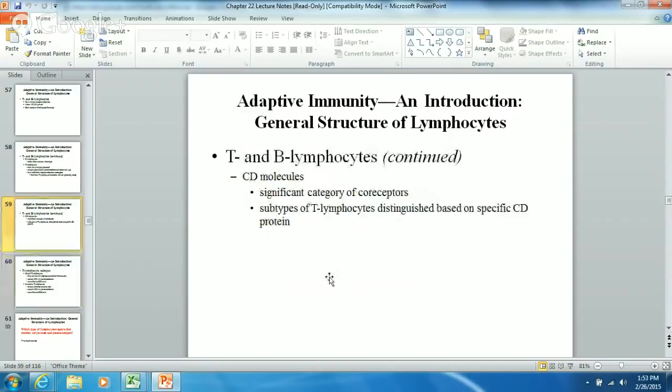Let me talk about this just for a second, and then we're going to move on to some other slides. T cells and B cells, when you get further on in here, and we probably won't get a chance to talk about it in this video, but you'll read something about CD molecules, like a CD4 molecule. They are what we call coreceptors. Coreceptors are oftentimes utilized in conjunction with another particular cell membrane protein.